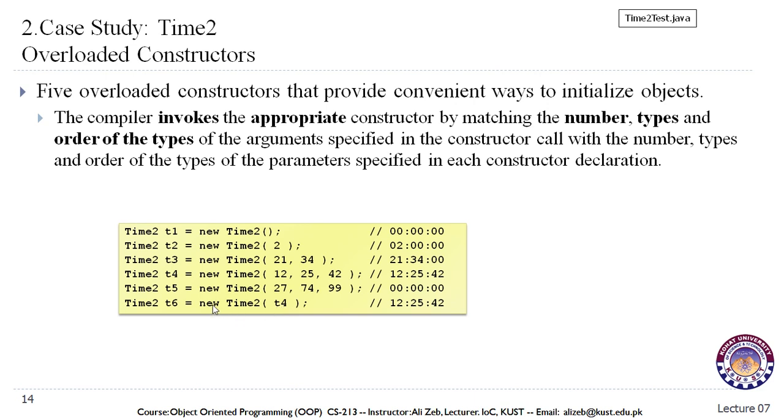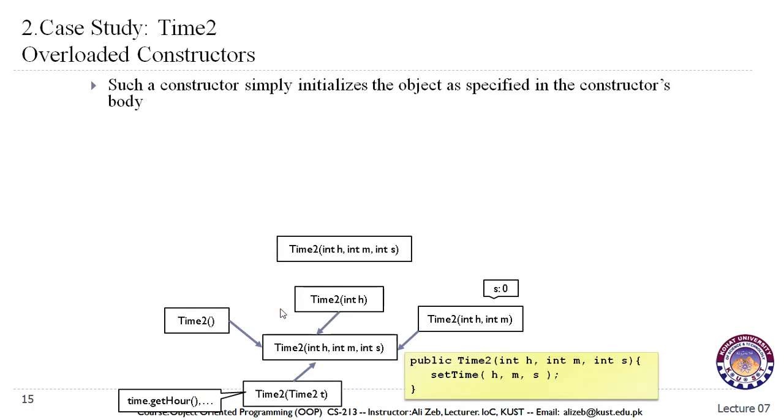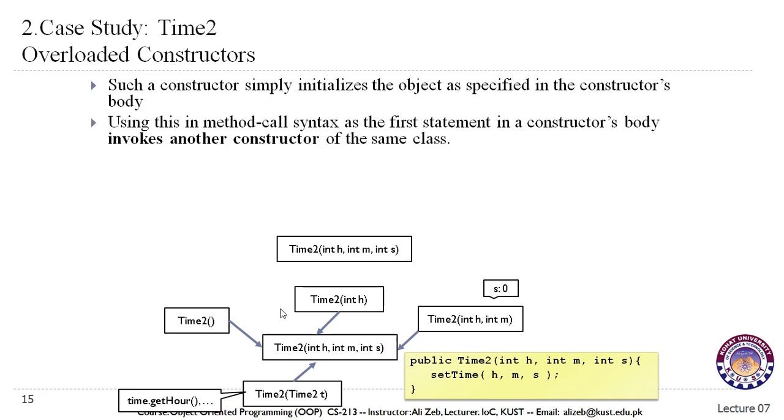And here, this constructor that initializes object T6 takes another object as its parameter. We can see that such a constructor simply initializes the object as specified in the constructor's body.